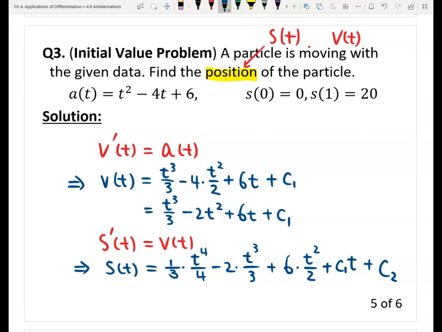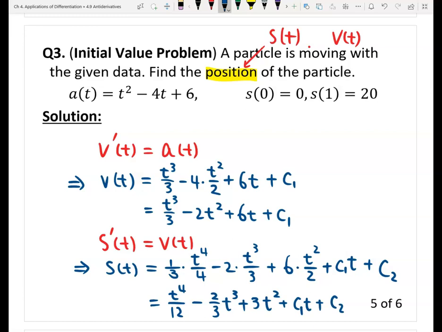Okay, so we're going to simplify. Now, first we have t raised to the fourth power over 12 minus 2/3 times t raised to the third power plus 3 times t squared plus c1 times t plus c2.